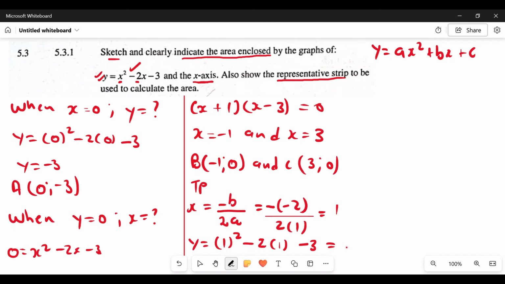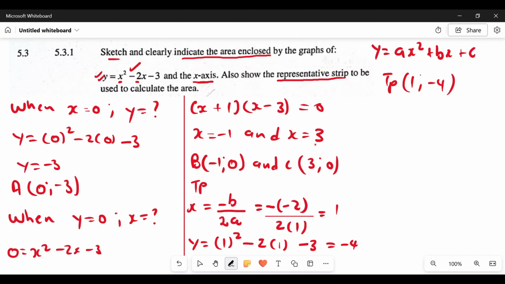This is going to give us negative 4. Meaning the coordinates of our turning point are 1 for x and negative 4 for y.